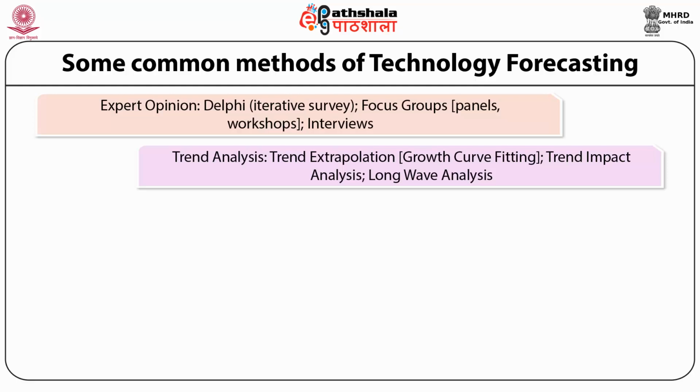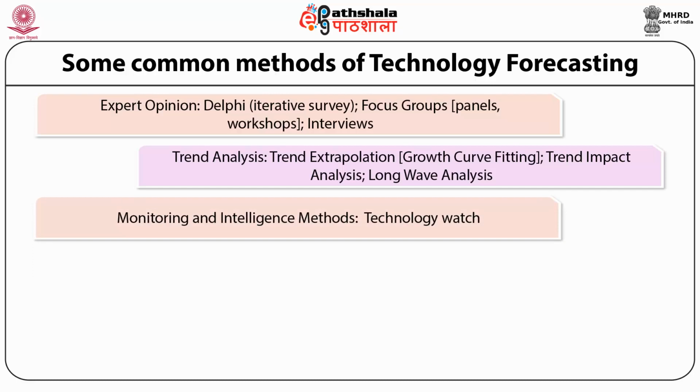The third important method of technology forecasting is monitoring and intelligence methods, which also goes under the umbrella of technology watch.